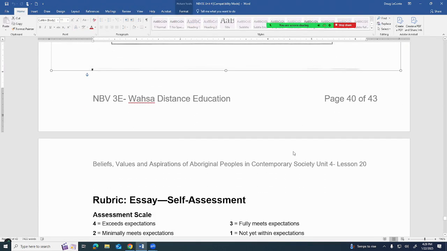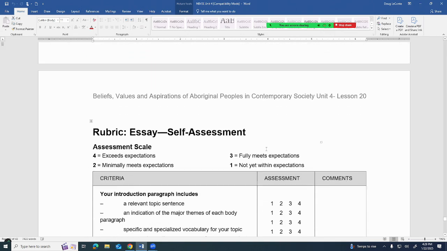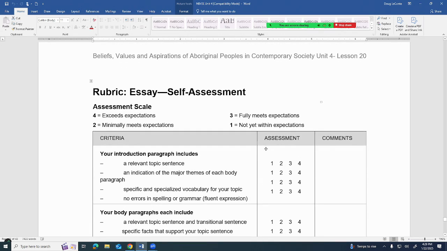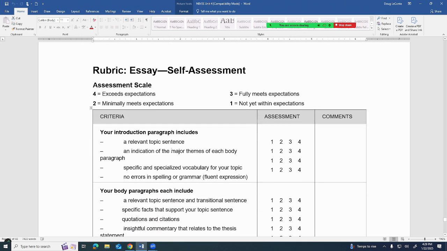So, following that, we have a self-assessment on page 41. Now, self-assessments are important. They demonstrate a certain type of learning that we don't often get to really discuss or involve in our classes.